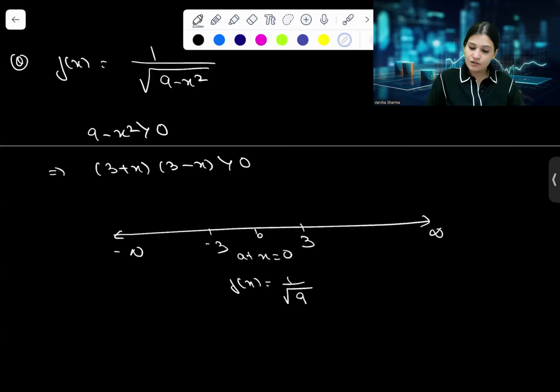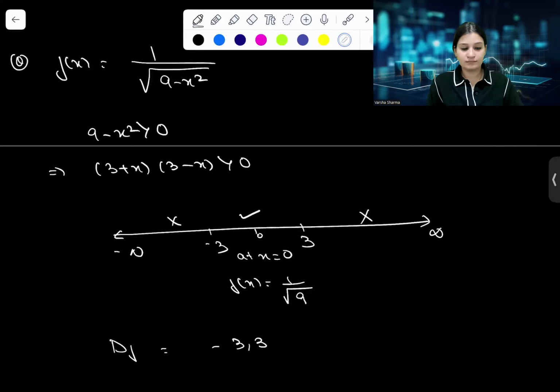I'm okay with it. So yes, no, no. So the domain would be minus 3 to 3. Which bracket? Round bracket, because if I take 3, the denominator becomes 0, which is wrong.